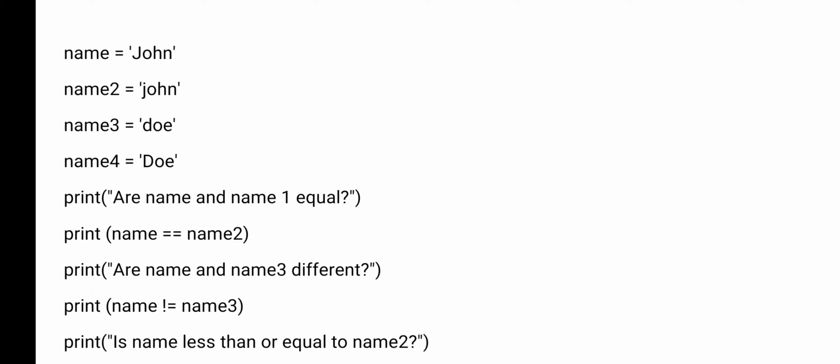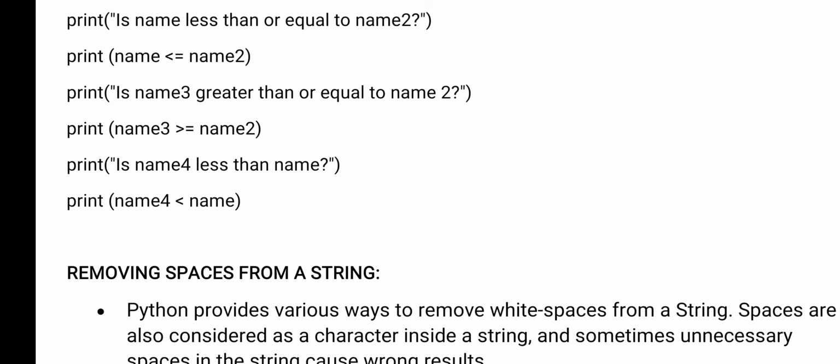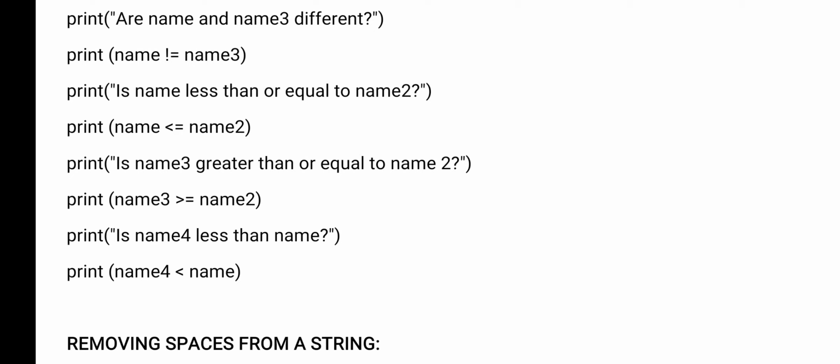You will get a false result. Why? Because in the variable name, John is there, and in name 2 it is also there, but one is in lower case and one is in upper case. As Python is case sensitive, you will get a false result. Like this, I used all the comparison operators which are used to compare one string with another string.